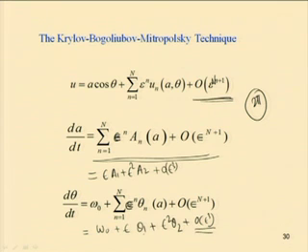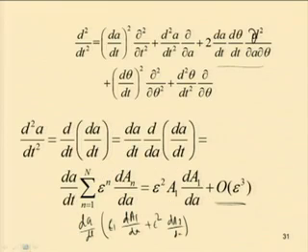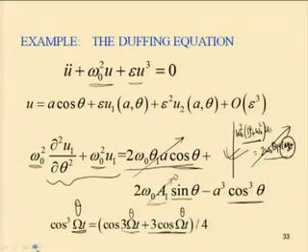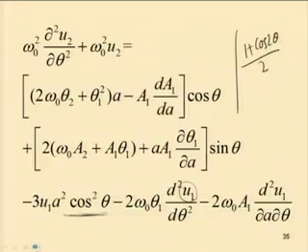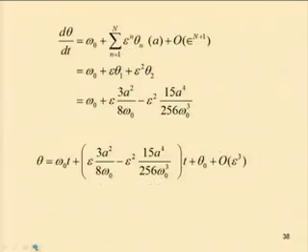We already obtained theta 1 and theta 2. For theta 1 we have written 3 a squared by 8 omega 0, and for theta 2, epsilon squared into 15 a to the power 4 by 256 omega 0 cubed. We already know a is constant.